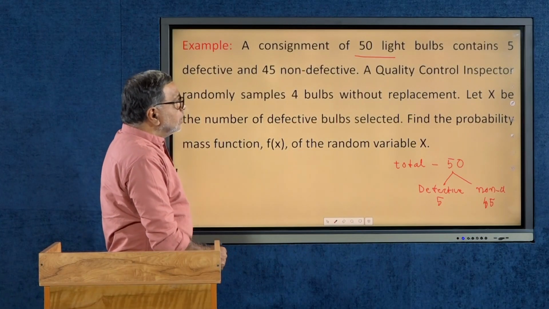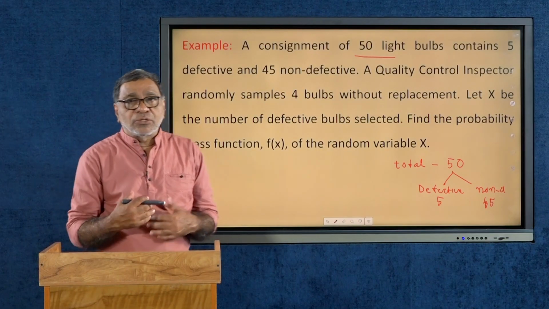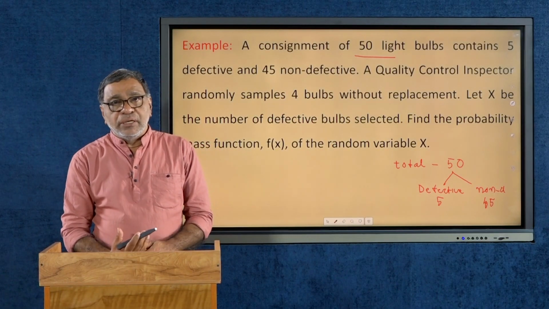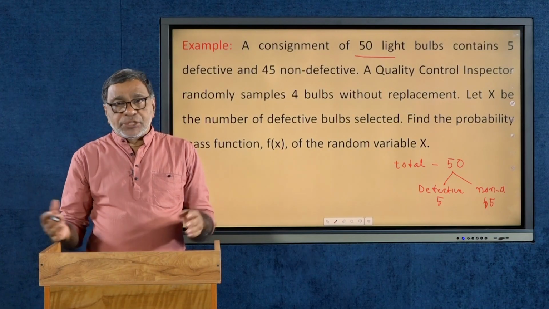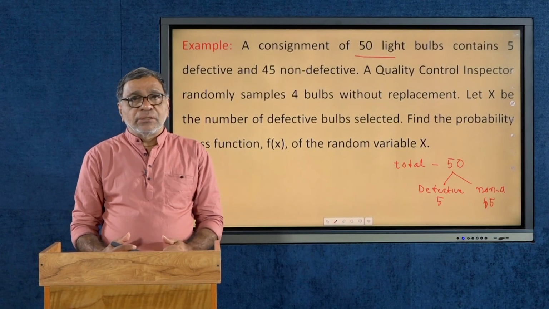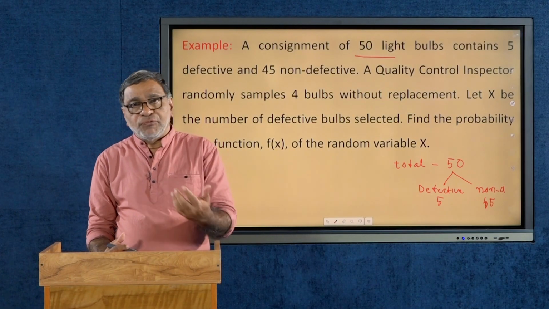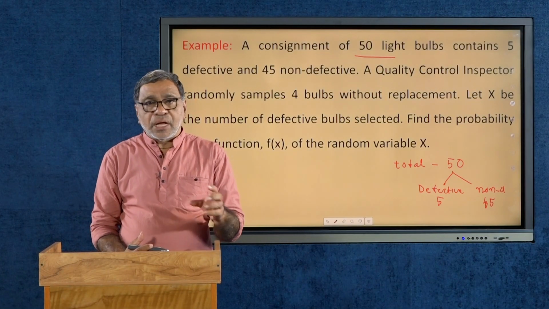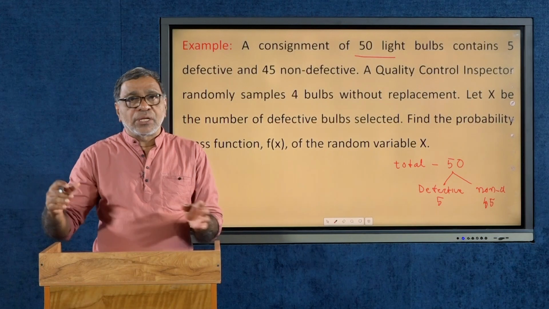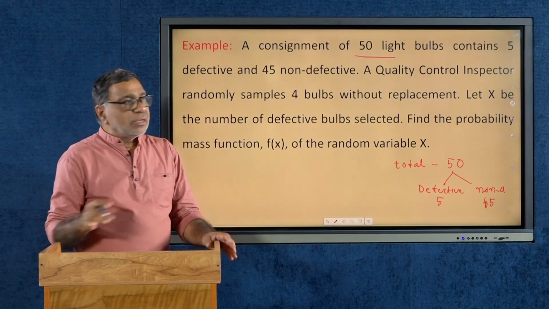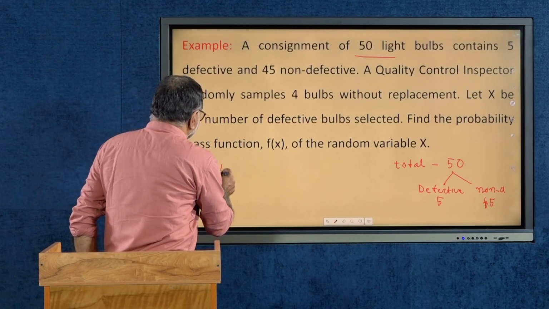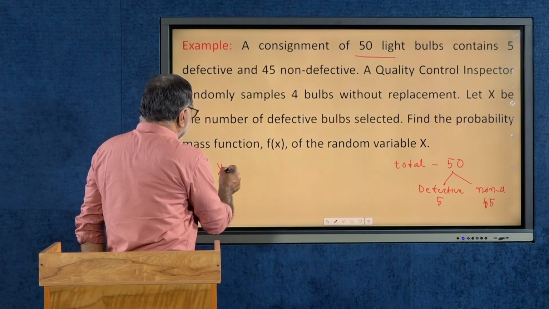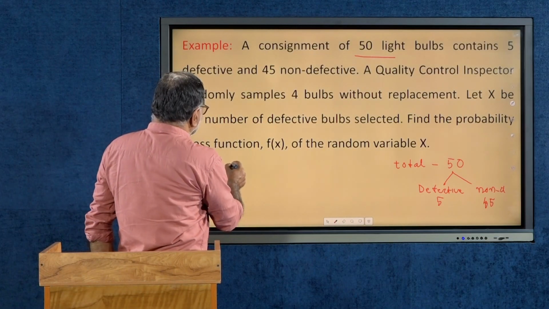And a quality controller is inspecting bulbs randomly without replacement. That is, he selects an item and verifies whether it is defective or non-defective, and that bulb is not replaced into the consignment. And X is the number of defective bulbs selected.